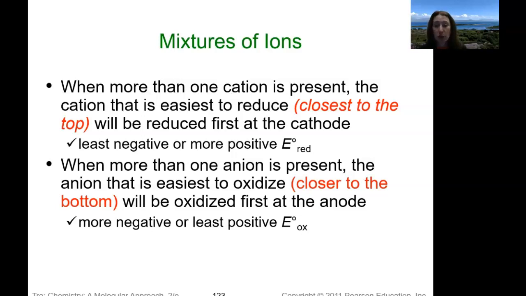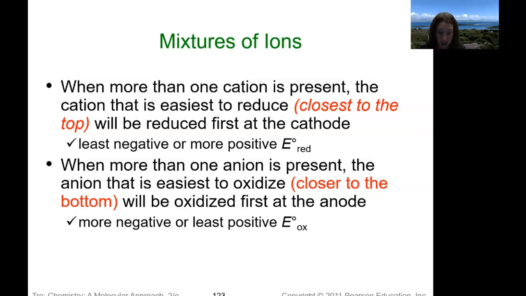The rules of which one will oxidize and which one will reduce are the same as we've done before. The one that's going to reduce is the one that's closer to the top. So the one that's more positive or least negative will be the one that reduces. For the oxidation, the one that is more negative or least positive, however your brain works on that one, is going to be the one that oxidizes.